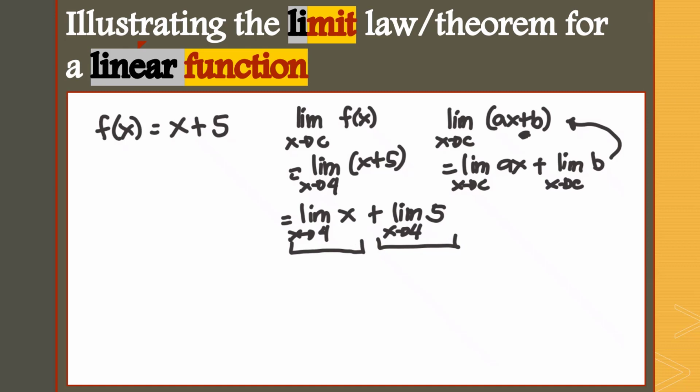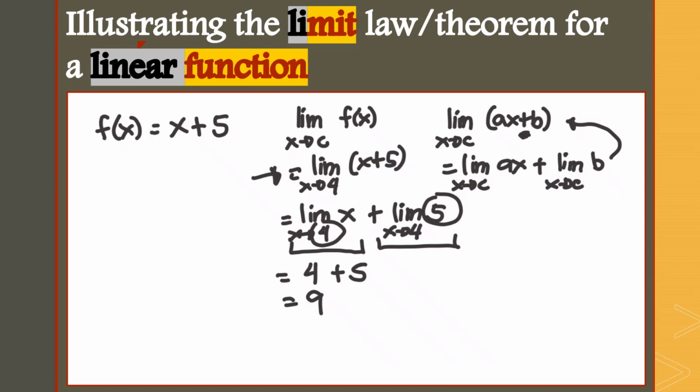In our previous two limit theorems, we know that the limit of the identity is the constant c that the variable is approaching, so you have here 4, and the limit of the constant is the constant itself, so 5. That would be equal to 9. In short, the limit of the entire function f of x, which is x plus 5, as x approaches 4, is just equal to 9.